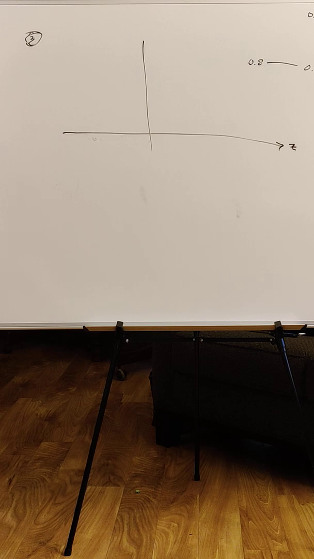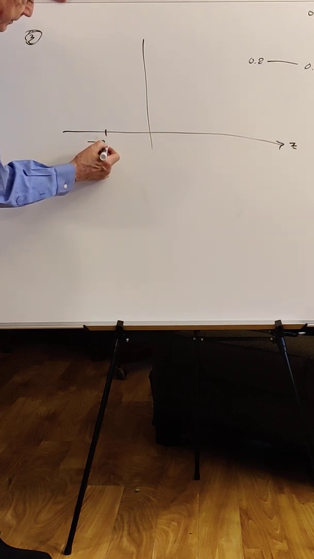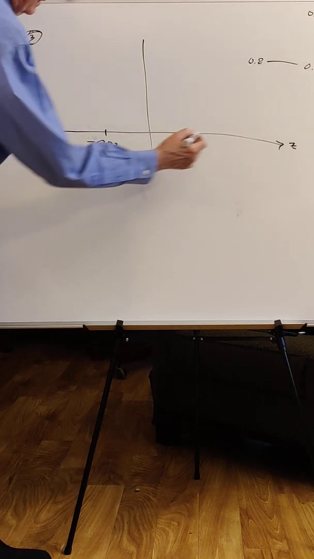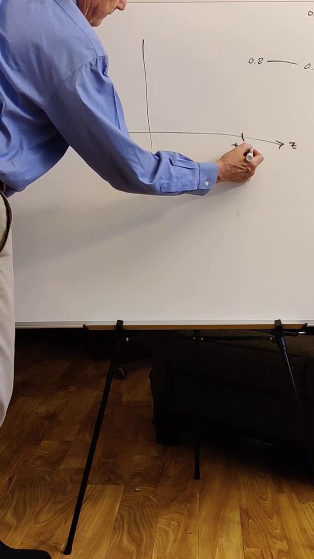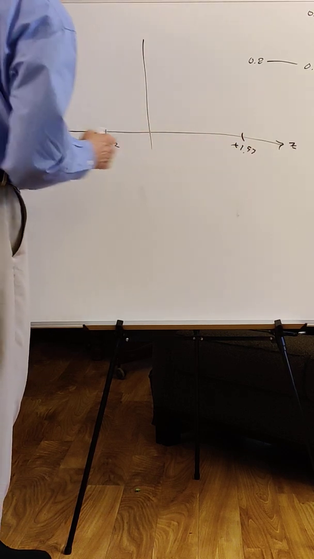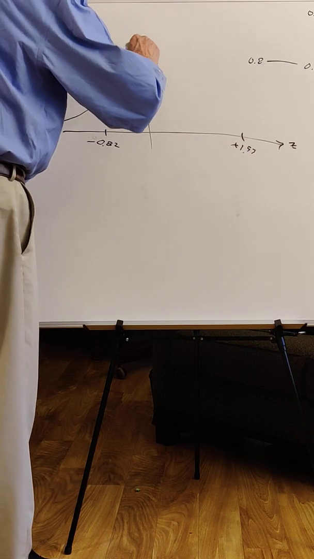All right, so let our interval extend from minus 0.82 to plus 1.53. So here's minus 0.82, here's plus 1.53. All right, let me draw a curve.